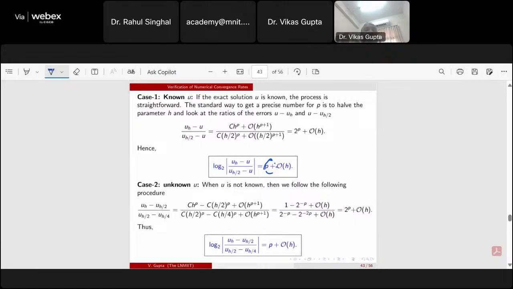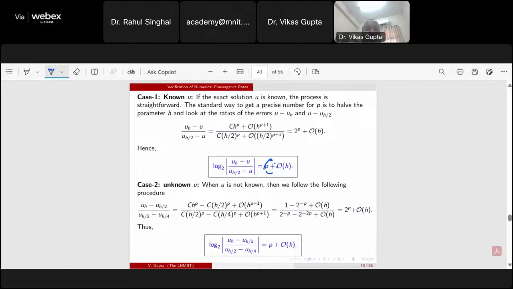If you are not getting this value, it means that there is some problem in your code. Now basically if we know the analytical solution, then there is no need to go for numerical methods.